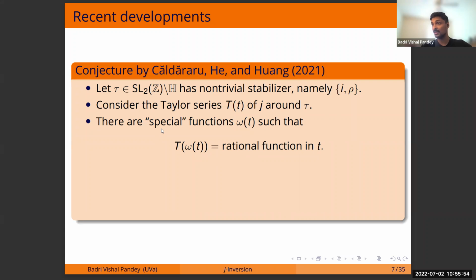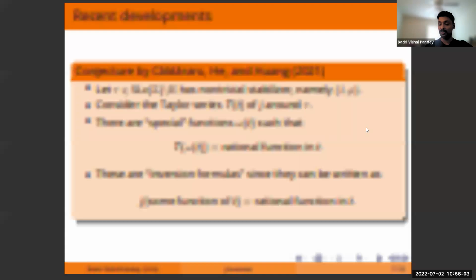But what they conjecture is that there are some special functions, which we call here omega of t. When you input them, it turns out to be a rational function.